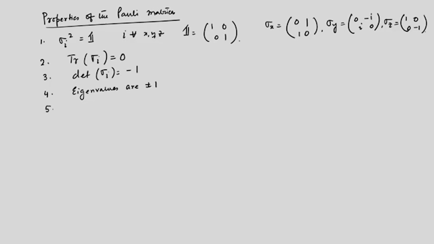There is another very interesting property: any 2 by 2 matrix comprising 4 entries, say A, B, C, D, can be written in terms of the Pauli matrices and sigma 0, which is an identity matrix, or you can call it the 1 that we have written earlier.